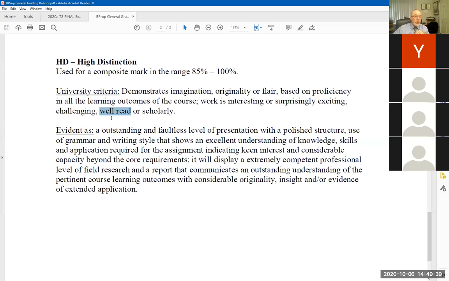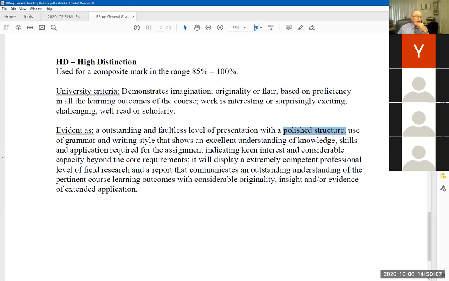And well read means that you read outside of what's in the unit. And at a high distinction, outstanding and faultless level of presentation, polished structure. So this is what I'm saying. You're not marked down because you don't do a complete citation in the exam, but you will get bonus marks if you do, because that's the sort of stuff that somebody who's really on top of their game will be able to do effortlessly because they put in the extra work.